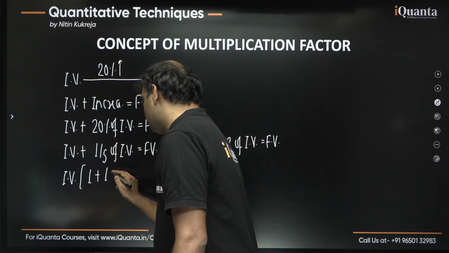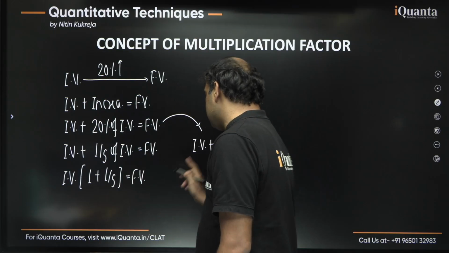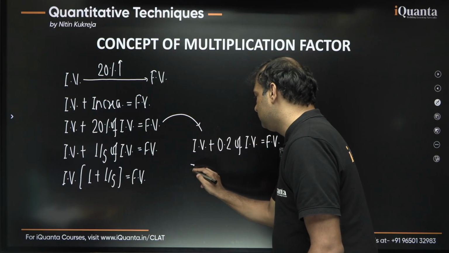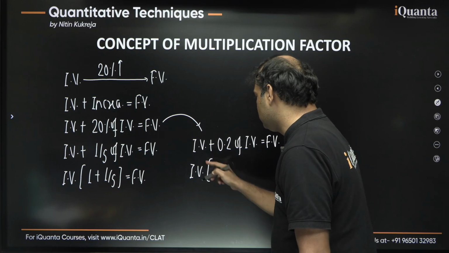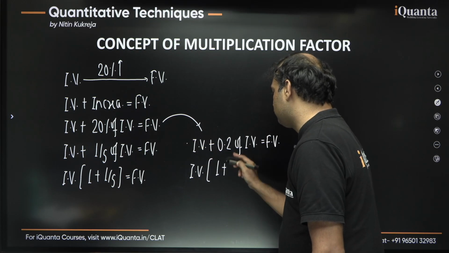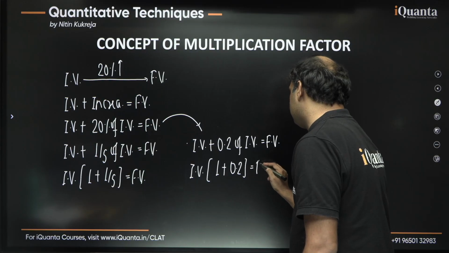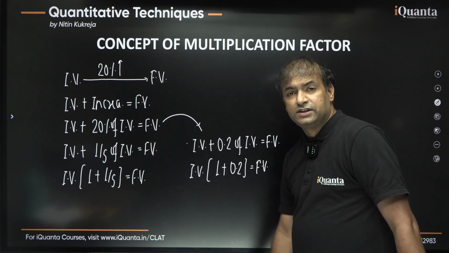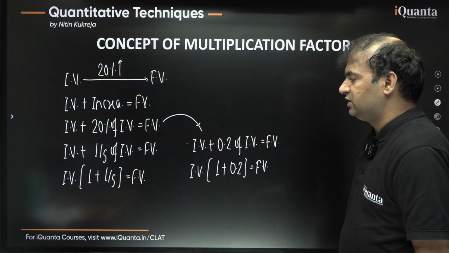So 1 plus 1 by 5 has to be the final value, all right? And in this method, we'll again take the initial value as common. Again, 1 will be coming out from here, and from this term, 0.2 will be coming out, and this will be the final value once again, all right? So this is how we can write down the relation between initial and final values.